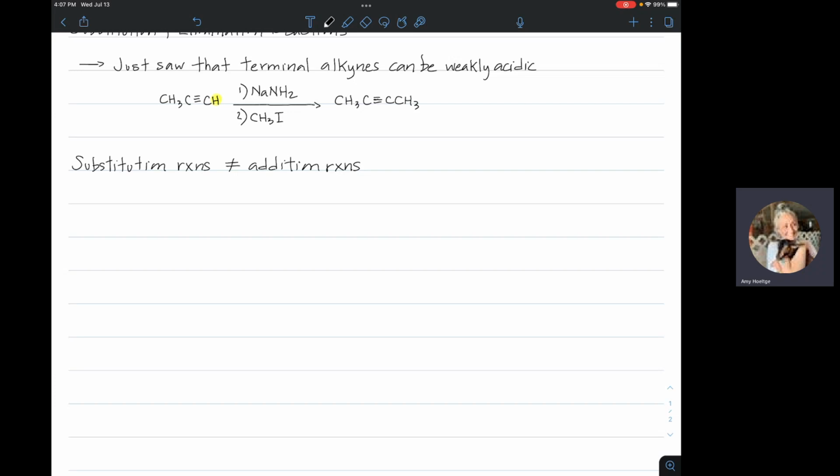So for example, we could have something like methyl bromide, and to that we can add something like hydroxide. On the other side of this, we're going to get methanol plus bromide.